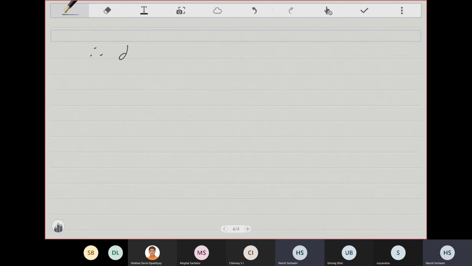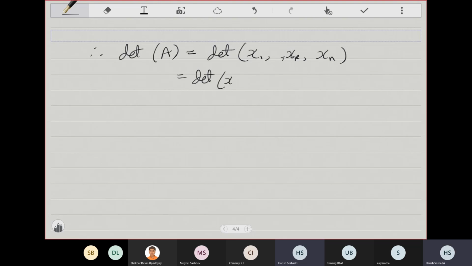So therefore, det A, regarded as a function of these column vectors, would be det of x1, and instead of xk, I just plug in the others, so the summation of di xi, i not equal to k.